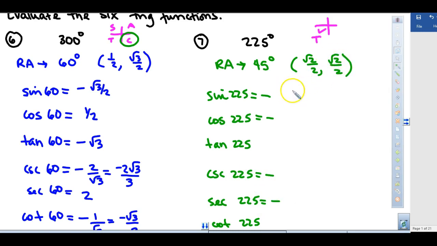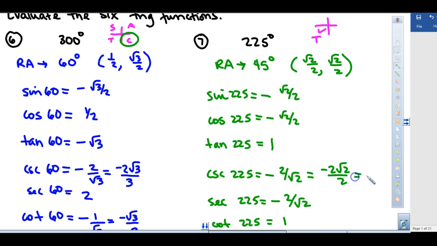And sine is your y-coordinate. Cosine is your x. Tangent is your y divided by x. That's a positive 1. Cosecant, we're going to flip sine. Secant, we're going to flip cosine, and cotangent, we're going to flip tangent. Rationalize these denominators right here. And we get the same thing right there.